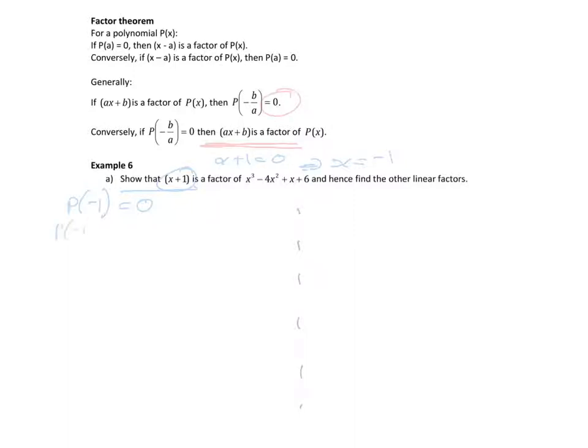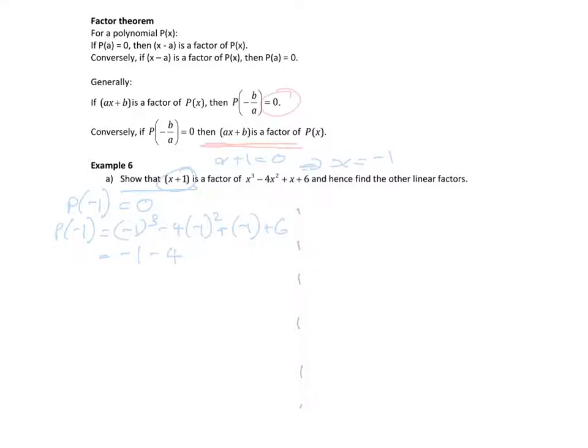P of minus 1 would be minus 1 cubed minus 4 times minus 1 squared plus minus 1. Look at all the brackets I'm putting in just to be careful with my signs. Minus 1 cubed is minus 1. Minus 1 squared is 1 times minus 4 is minus 4.